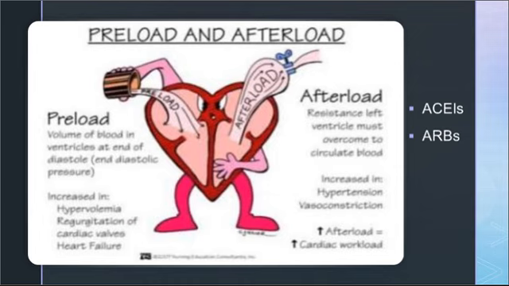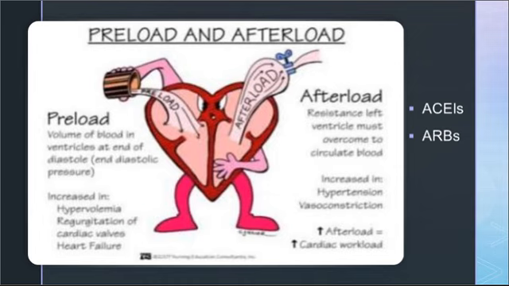It talks about your preload and afterload. Preload and afterload are managed with your ACE inhibitors and your ARBs. Your preload is the volume of blood in the ventricle at the end of diastole, your end diastolic pressure, because the end of diastole is when the ventricles have filled.